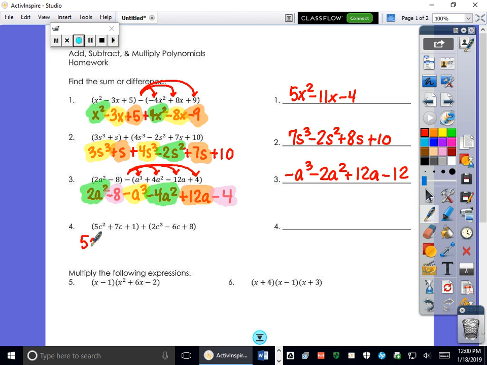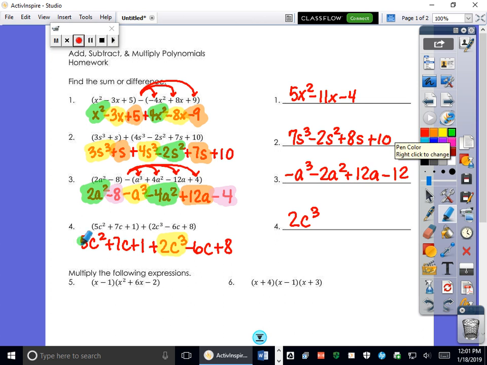Okay, for the last one, it's addition. So remember with addition, parentheses don't matter. You can pretty much just drop them and keep all the signs. None of the signs need to change. Okay? So we combine our like terms. I'm going to start with the highest exponent, which is the 2c to the third.